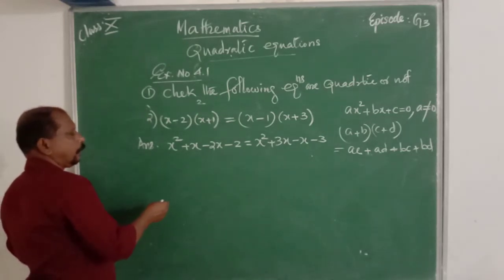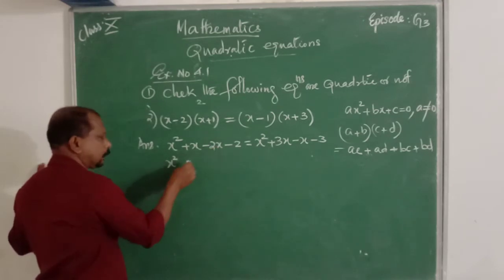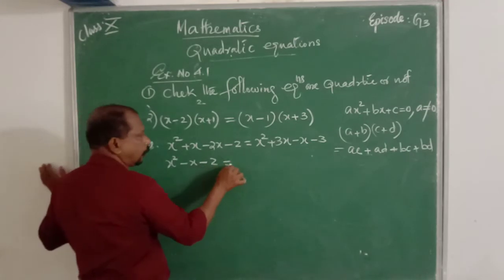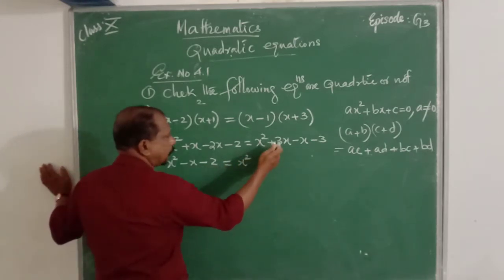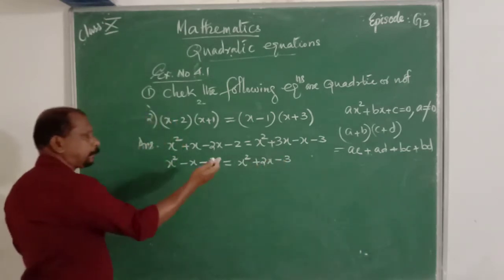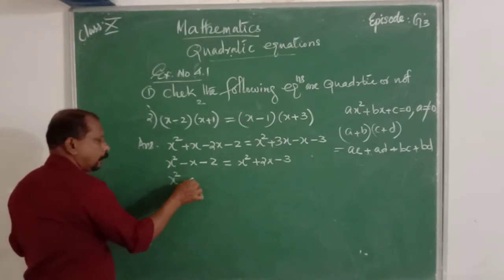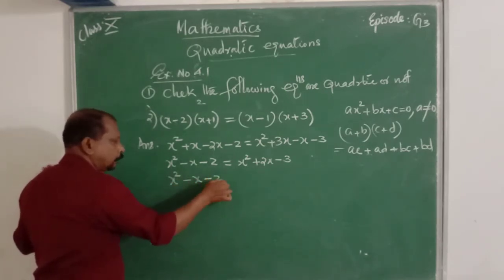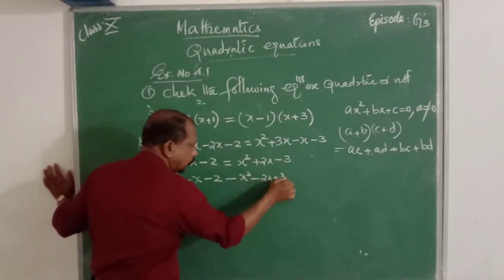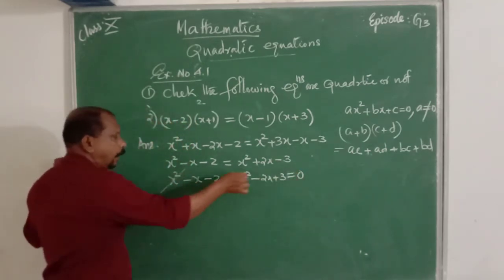Then, x square, x minus 2x, that is minus x, minus 2 is equal to x square, 3x minus x, that is 2x, minus 3. Shifting these three terms to the left, that is x square minus x minus 2 minus x square minus 2x plus 3 is equal to 0. x square and minus x square cancel.